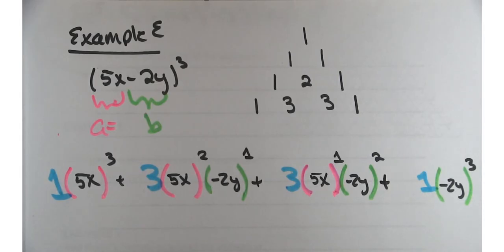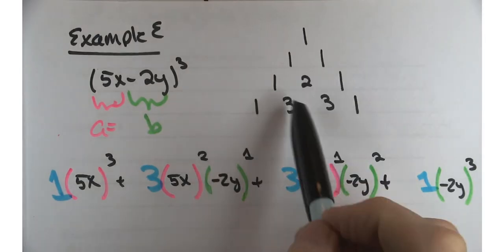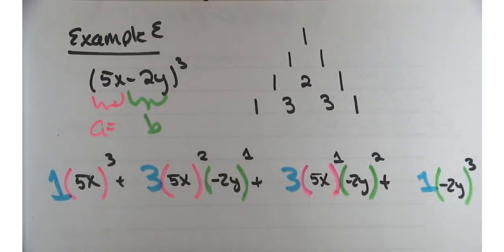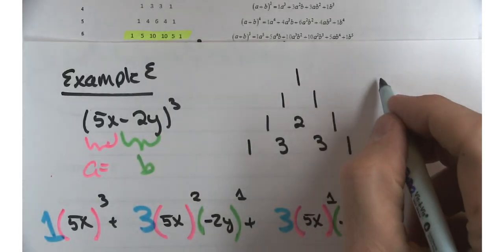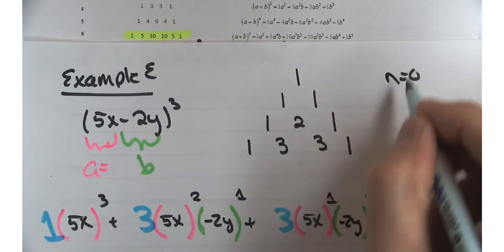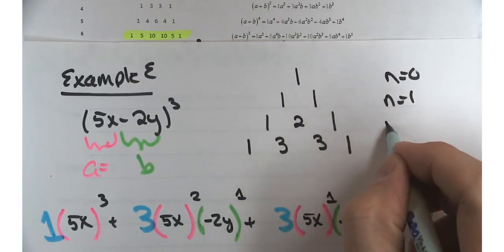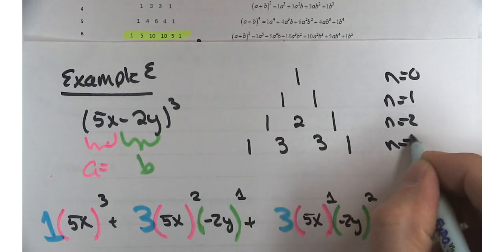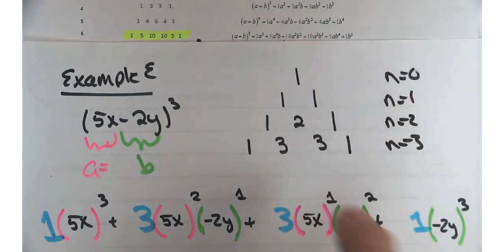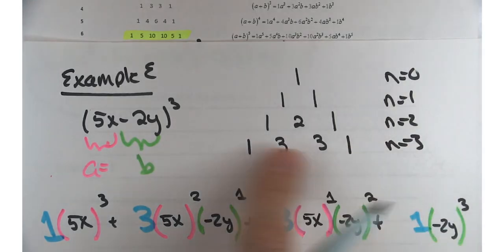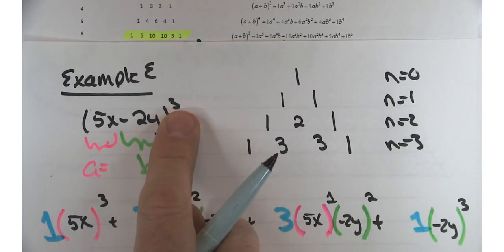Are we okay this far? Wait, so how do you know which row of the binomial to use with Pascal's triangle? It's a good question. So this starts out with like n equals 0, n equals 1, n equals 2, n equals 3, and so on. But the row here is going to correspond to this exponent here.